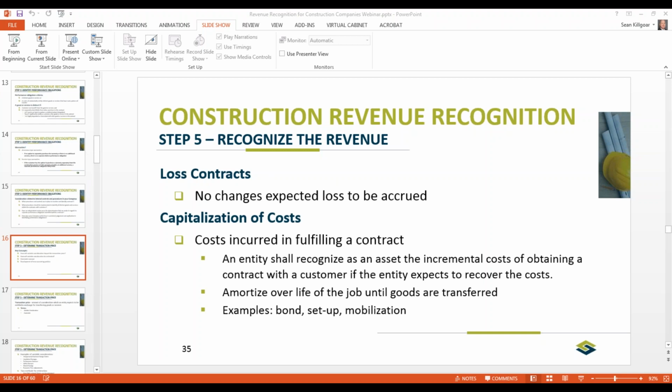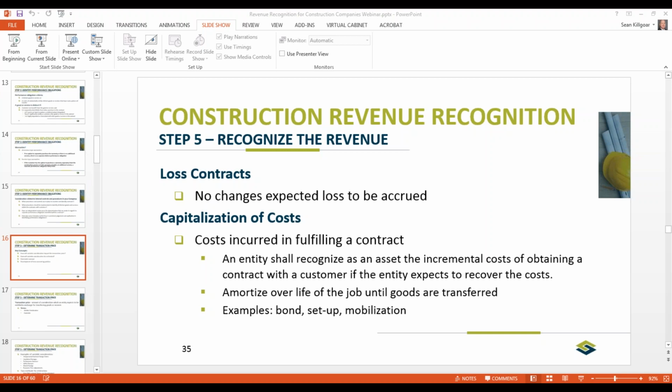So one nuance is the capitalization of costs of fulfilling a contract. And this, for large GCs, I think there might be a little bit of a change here. An entity shall recognize as an asset the incremental cost of obtaining a contract with a customer if the entity expects to recover the costs.